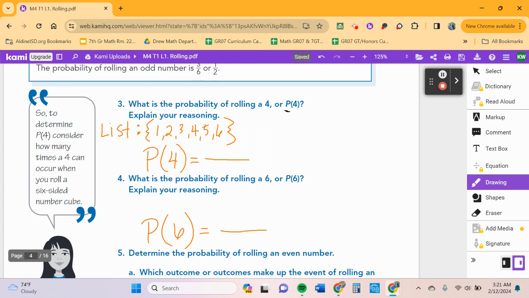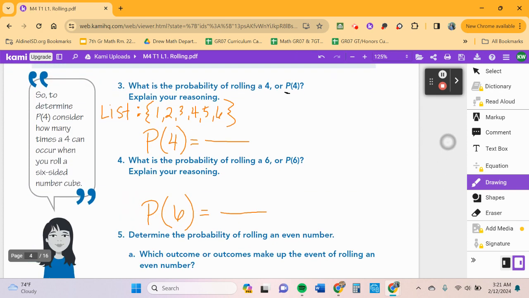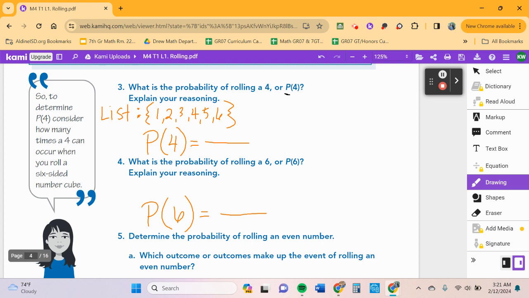So the first thing we did, according to our steps, is to write our sample space, all possible outcomes. So I know 1, 2, 3, 4, 5, 6 are all of my possible outcomes. And now I'm going to circle or just identify the probability of rolling a 4. Well, here's my 4, and I can clearly see that I can only get 4 how many times?